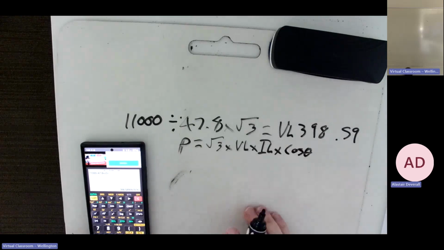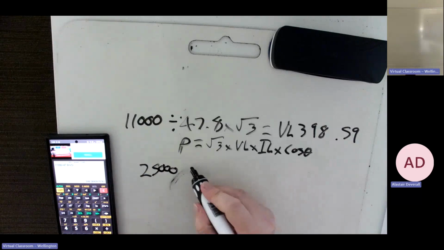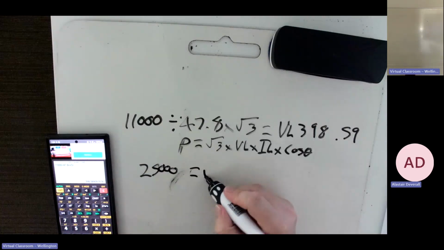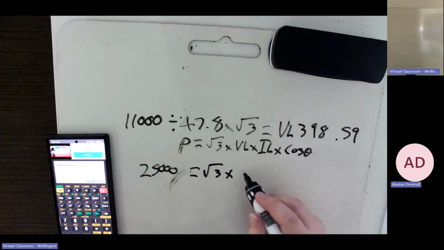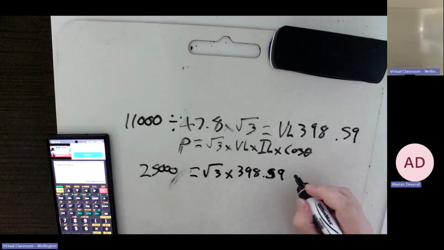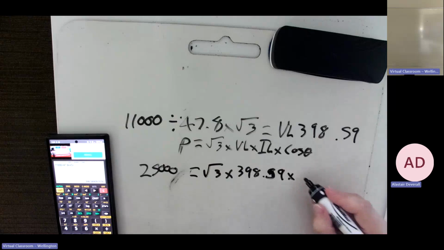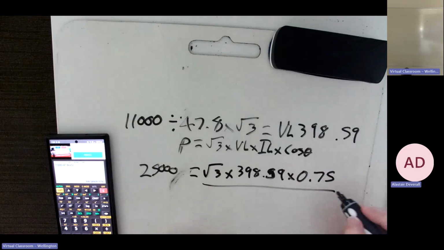Now we know that this is 25,000 that they gave us in the question, equals root 3 times 398.59 times 0.75. We want to divide and times by I line.